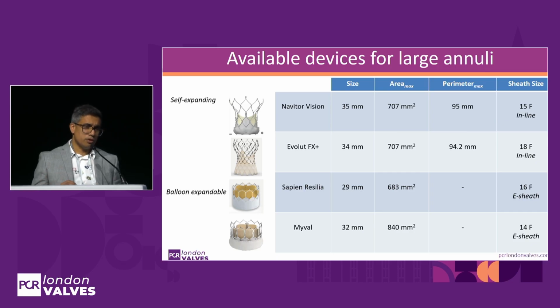Between the two self-expanding valves, one thing that stands out is the difference in sheath size. The 35 millimetre valve goes through the same 15 French inline sheath as the 29 millimetre valve, which does cause some problems with the valve, which I'll go through. But really, you can get away with using these larger valves in quite a difficult annulus.